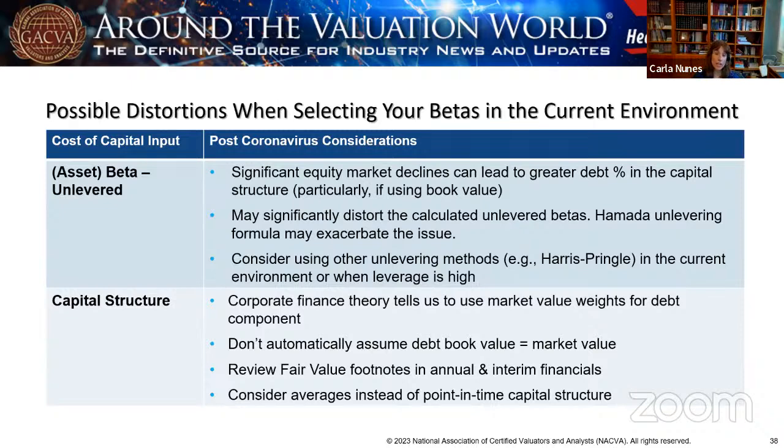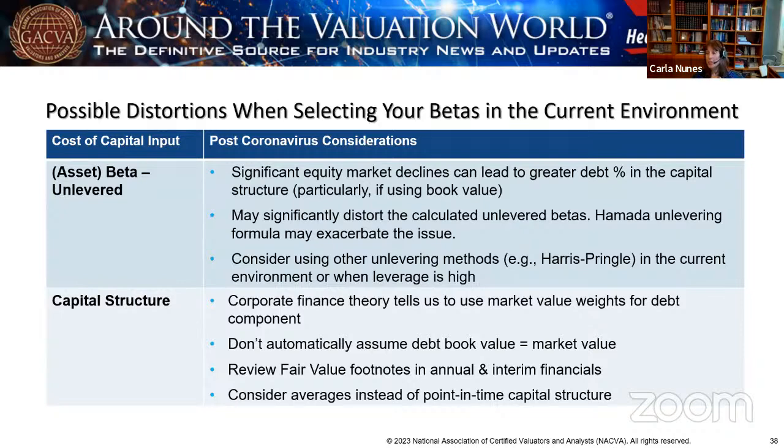The second one is the capital structure issue, which is not an issue about the tool, but it is something to consider when you're looking at capital structures in the current environment, because when there's a big decline in market cap, if you're using book value of debt, you may see a disproportionate amount of debt versus equity.